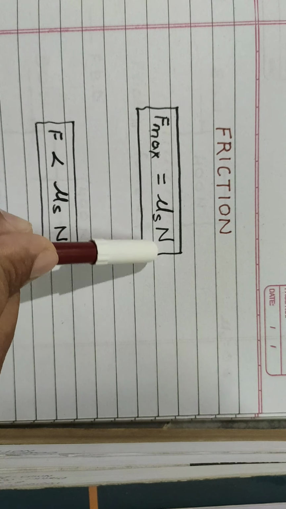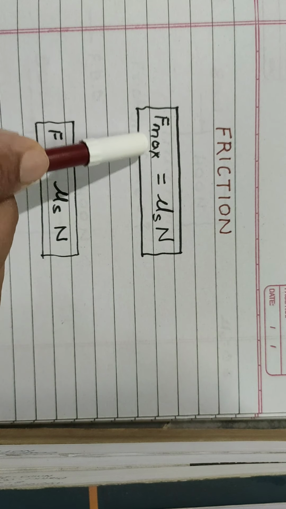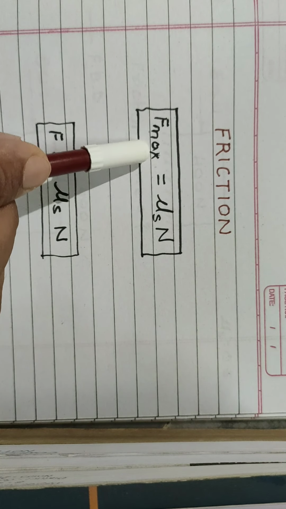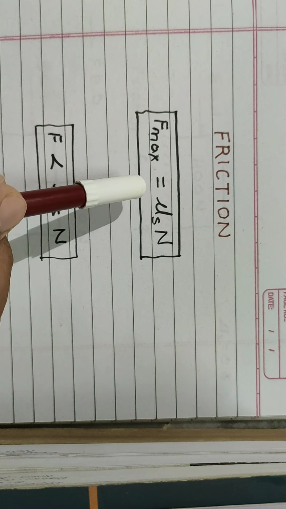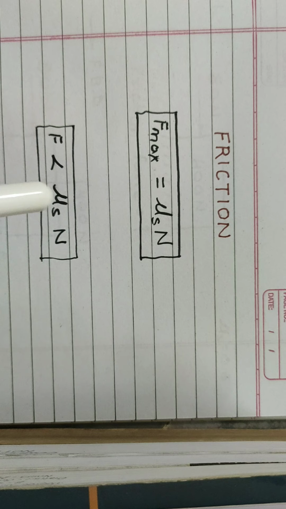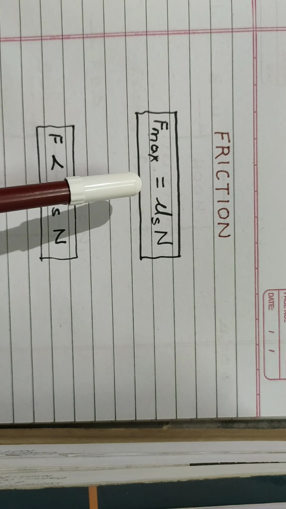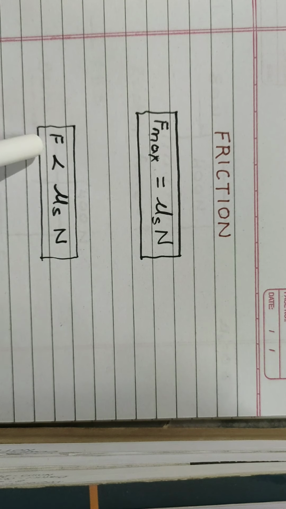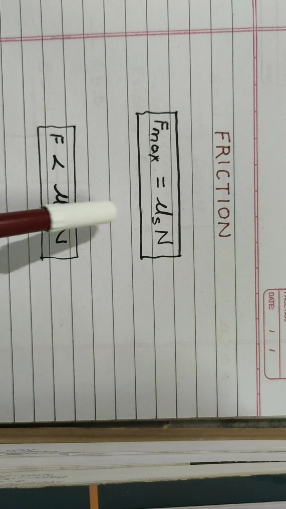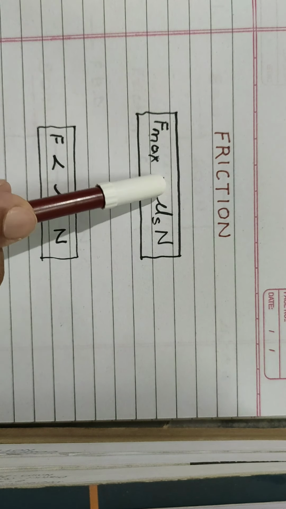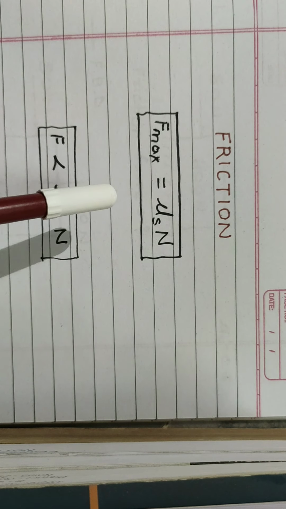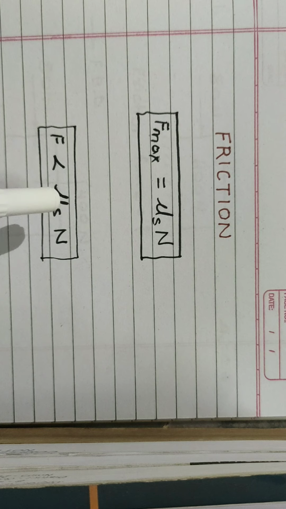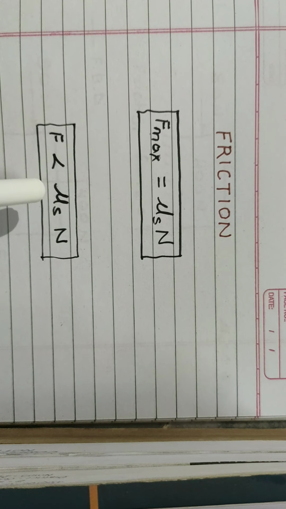It means here the friction force is at its peak value, and when motion is not impending, the static friction force is less than mu s into N. So just understand these two equations. You use the equal to sign when the motion is impending, and otherwise the friction force is less than that.